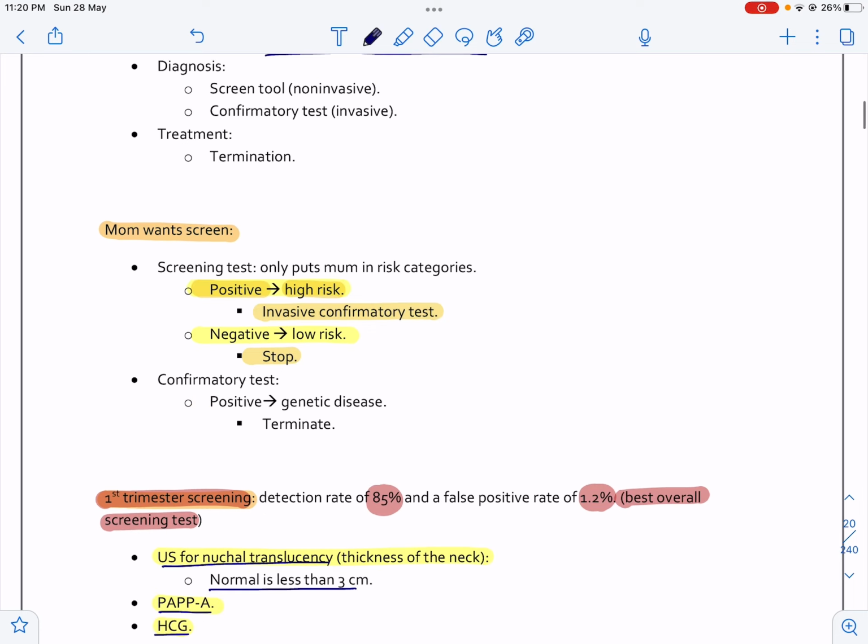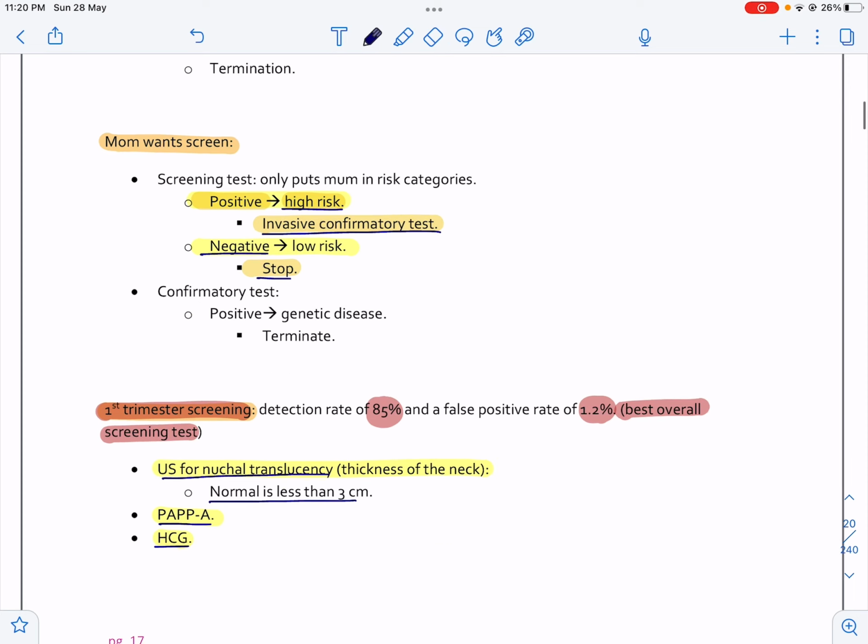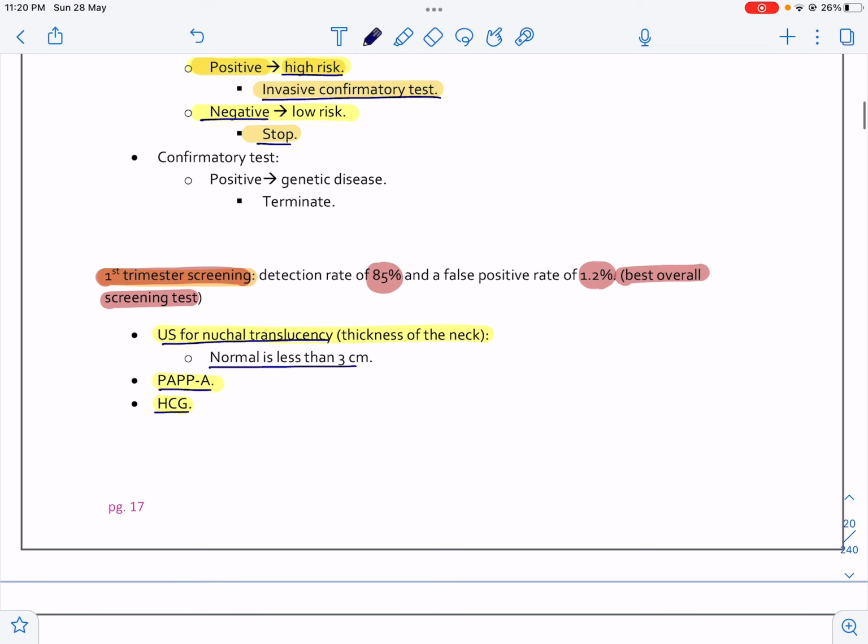If the screening test is positive, she's a high-risk lady, so we do an invasive confirmatory test. If the screening test is negative, she's low risk, which is why we don't do anything else. And if the confirmatory test is positive, it means it's a genetic disease and we usually terminate the pregnancy.